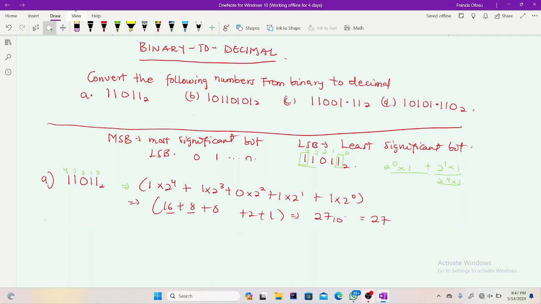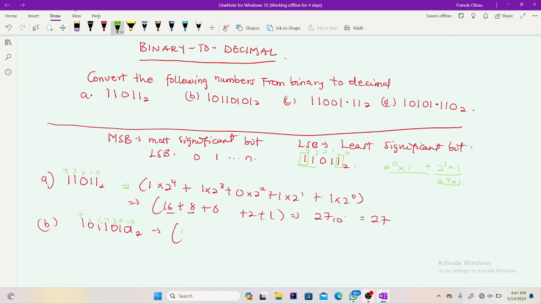Now let's check the second one. The second one is 10110101 base 2. As we did, we label their significance, starting from the last bit, the LSB, 0, 1, 2, 3, 4, 5, 6, 7.